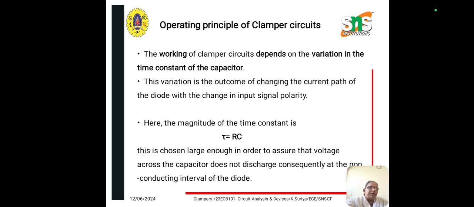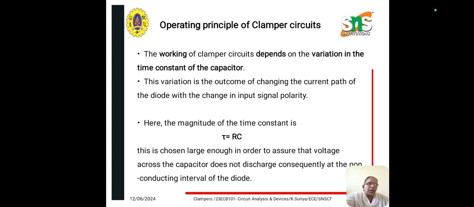The working of clamper circuits depends on the variation in the time constant of the capacitor. This variation is the outcome of changing the current path of the diode with the change in input signal polarity. Here, the magnitude of the time constant is tau equal to RC.